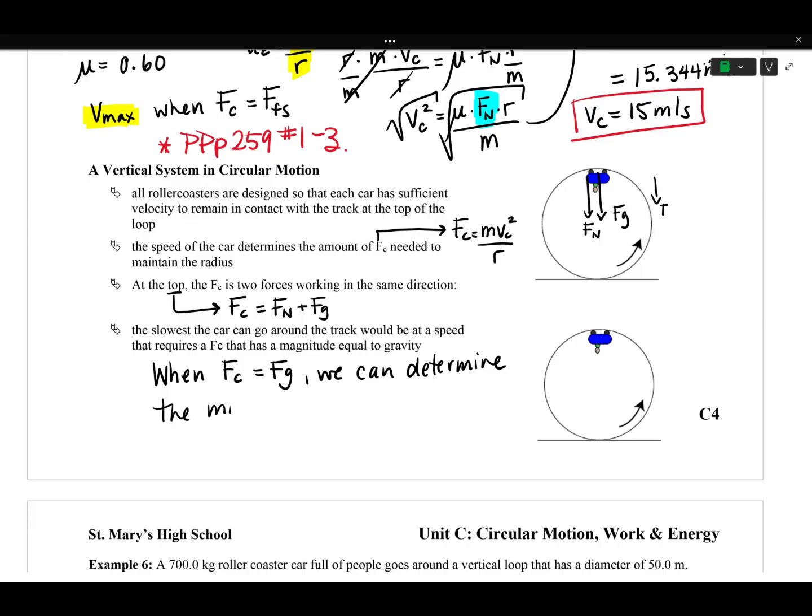So when we set the centripetal force equal to the force of gravity, we can determine the minimum speed required to stay on the track.